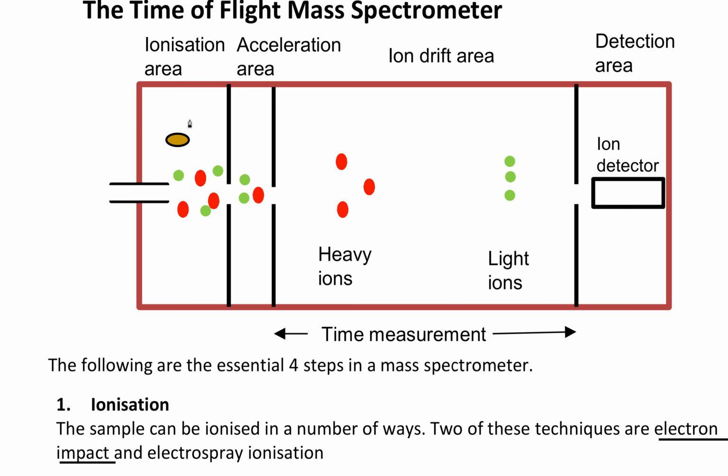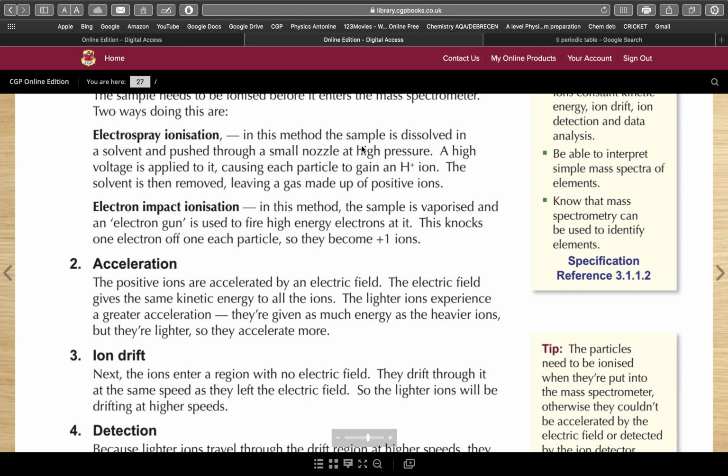Sorry, let me read it again. I want to explain it the best way possible. So the sample is dissolved in a solvent and pushed through a small nozzle at high pressures. A high voltage is applied to it, causing each particle to gain a hydrogen ion. The solvent is then removed, leaving a gas made up of positive ions.